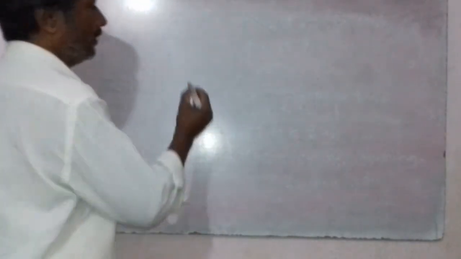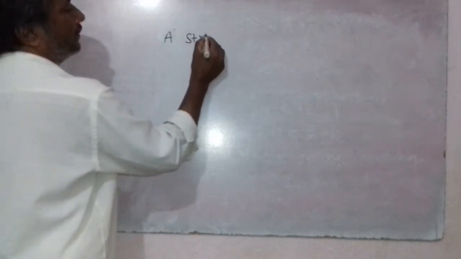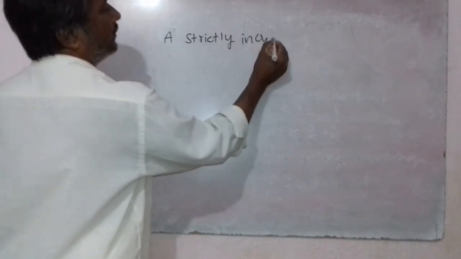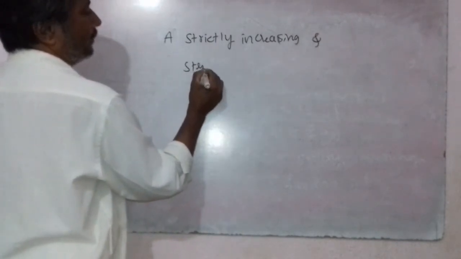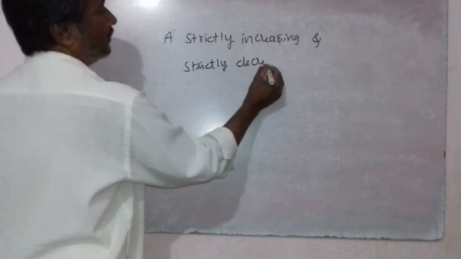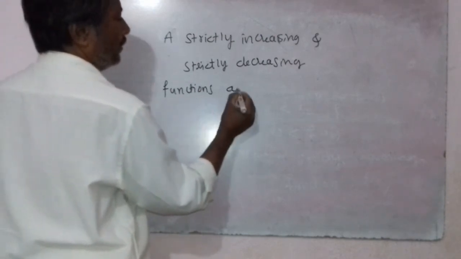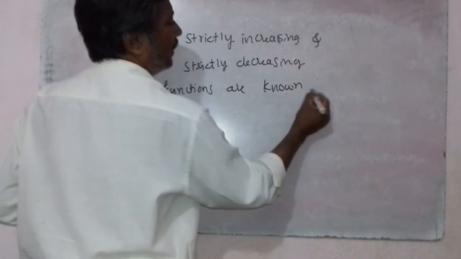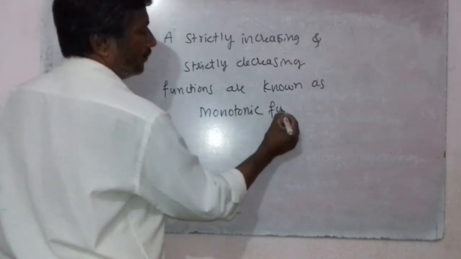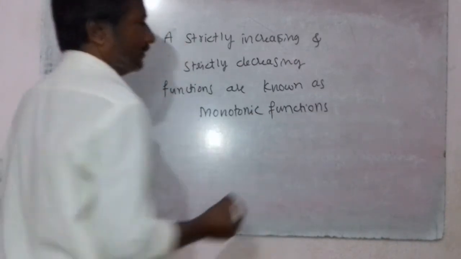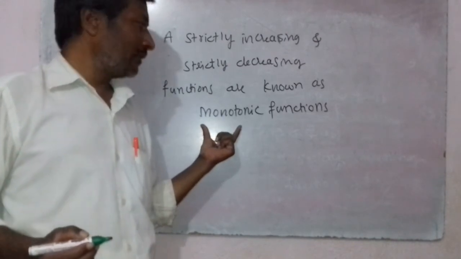So therefore strictly increasing and strictly decreasing functions are known as monotonic functions.